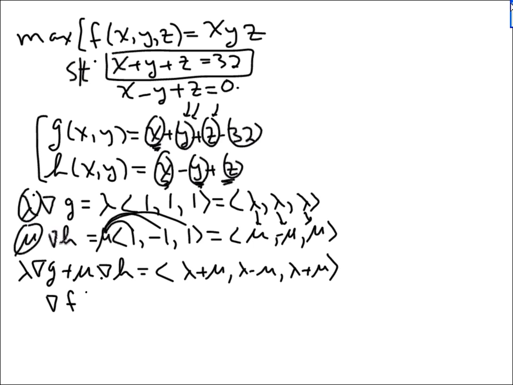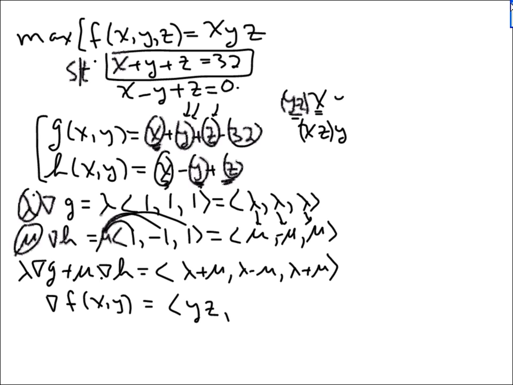The gradient of f of x, y, z is, well, x, y, z. A constant times x. The partial is just a constant with respect to y. Think of x, y, z as x, z times y. You have a constant times y.